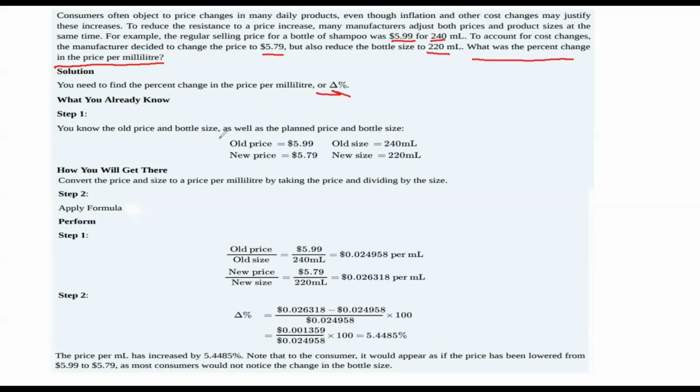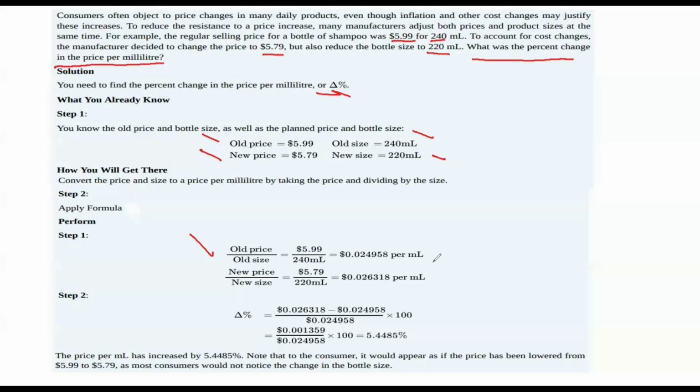So let's get what they give us. This is the old price, the old size, the new price, the new size. Let's calculate how much per milliliter you pay. The old price divided by the old size gives us 0.024958 dollars per milliliter. The new price and new size give us this.